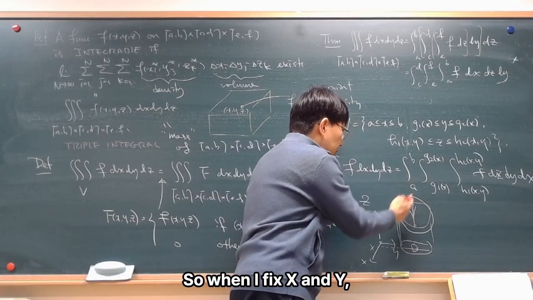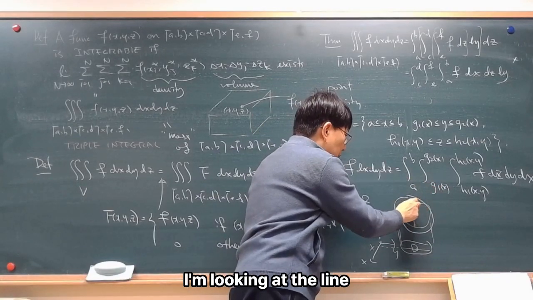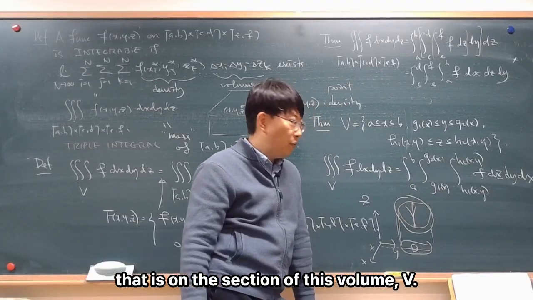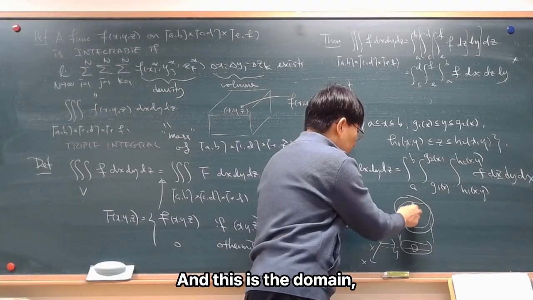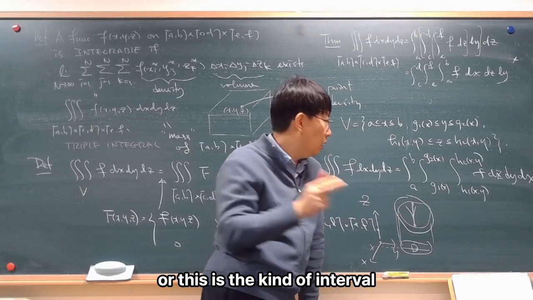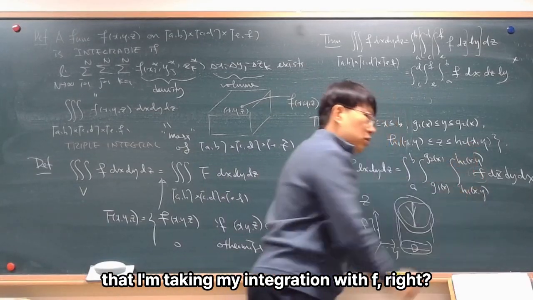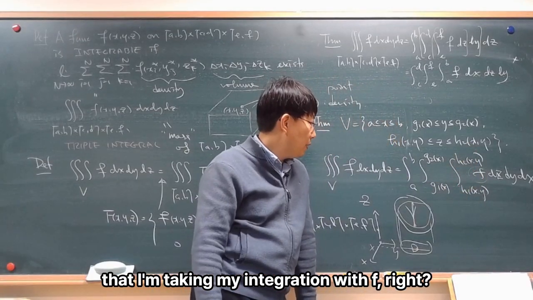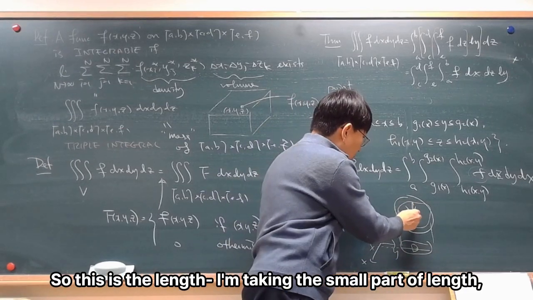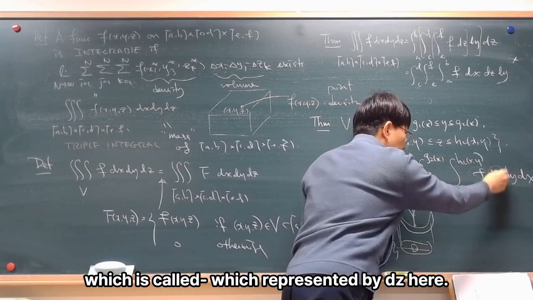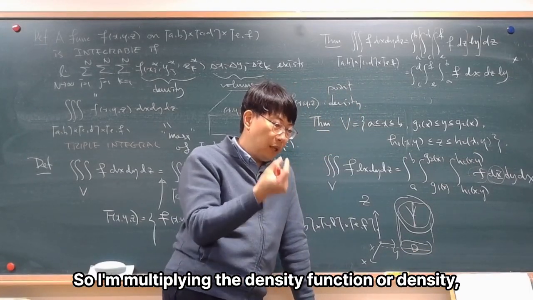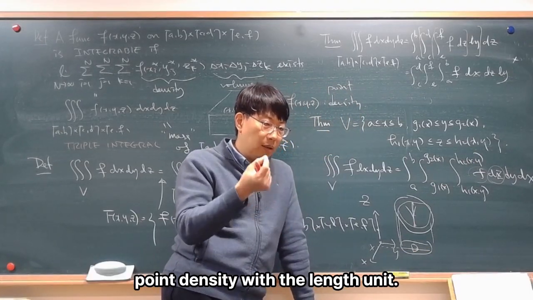So when I fix x and y, I'm looking at the line that is on the section of this volume V. And this is the interval that I'm taking my integration with f, right? So this is the length. I'm taking the small part of length, which is represented by dz here.